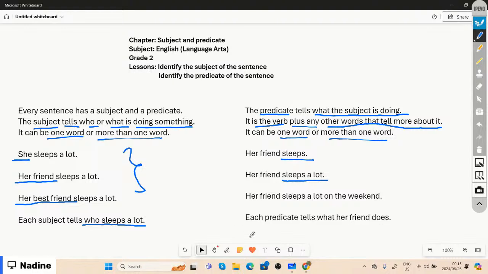We can say sleeps a lot on the weekend, because that is the predicate, which is the verb plus any other words that tell us more about it. Sleeps is the verb, plus any other words.